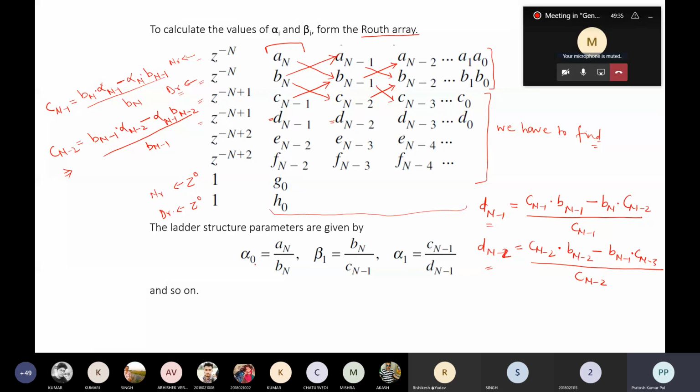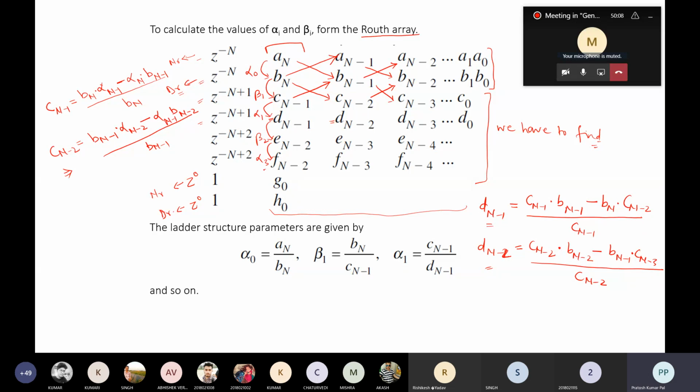So alpha 0 will be given by an divided by bn. After dividing these two, we find the alpha 0 value. Then b1 will be given by bn divided by cn. We divide these two to get the alpha 1 value, and so on we keep on finding.